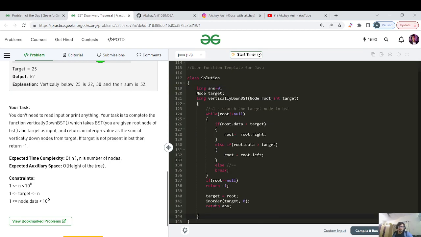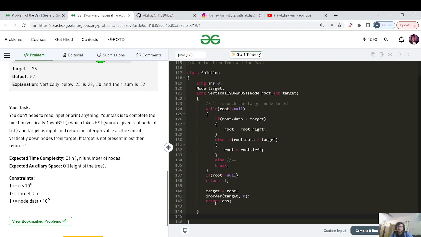And let's make a function for this in-order traversal, and we will do some things when the direction is equal to 0. It should be a void function, because we will be storing the answer in the global variable. So I will take node and int direction.